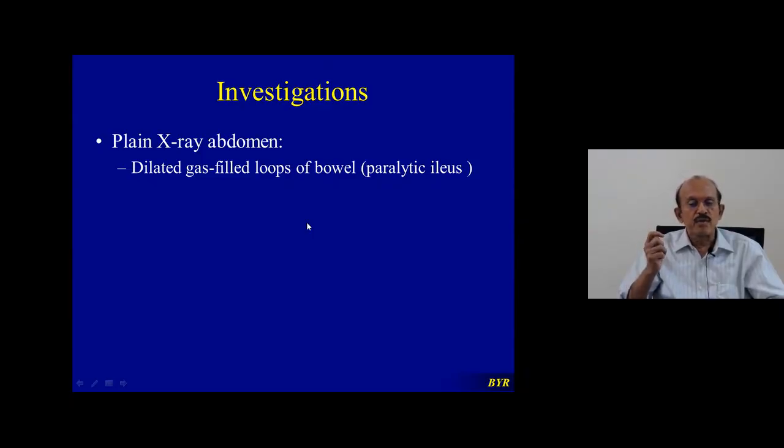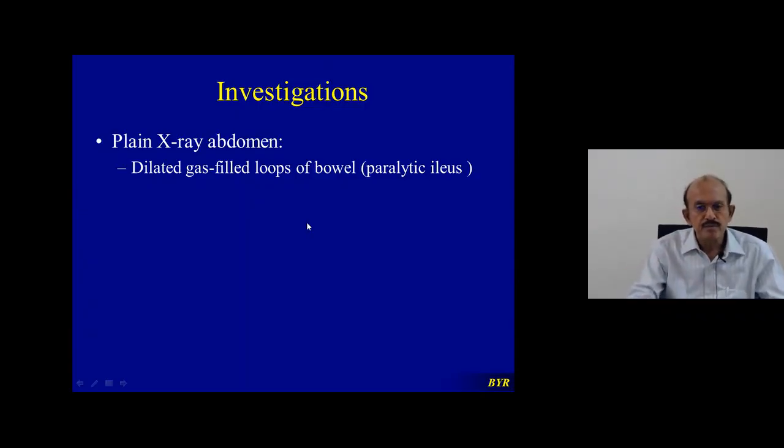Those things can be evaluated. Then, if it is a suspected case of acute pancreatitis, or if your ultrasound scan is inconclusive, you must do CT scan. So this is how you do the investigation. That means the investigations of acute peritonitis are the same as those of acute abdomen.